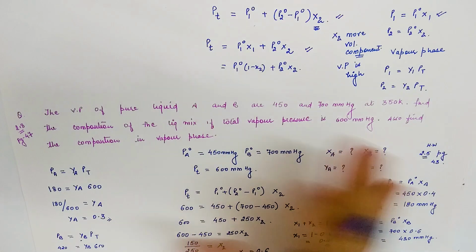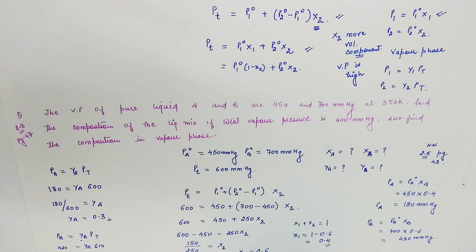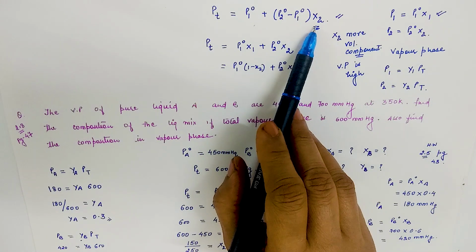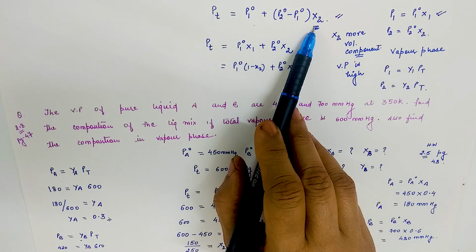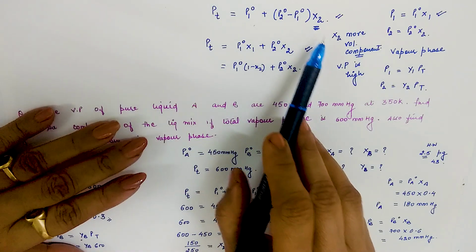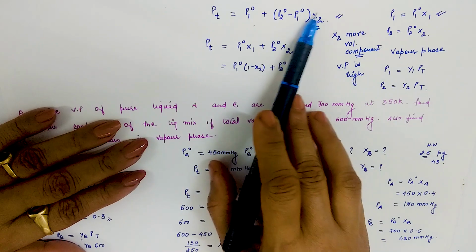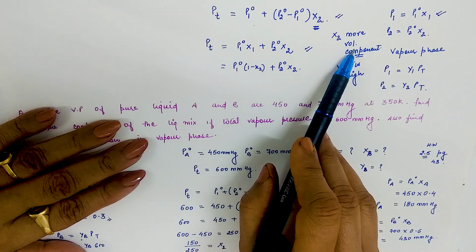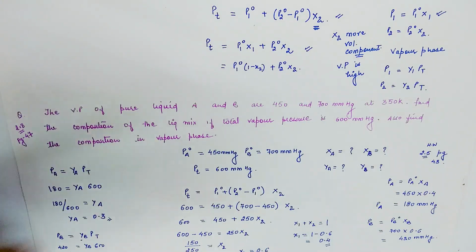Hope things are clear to you. In that question, you have to find out the mole fraction. Always remember which liquid you will consider as X2, which is the more volatile one. Hope the question is very clear to you. This is the basic pattern which is asked on Raoult's law.